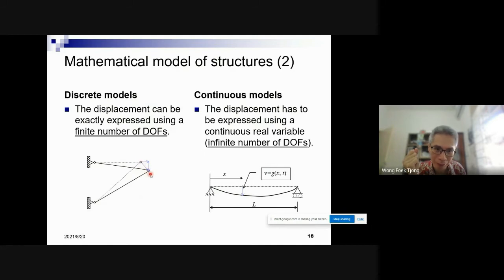So it's finite. This is infinite because each point we regard can move freely. Of course, we can also say this is finite also, if we only consider maybe the possible motion only like this pattern, that makes our model finite. So it's a matter of assumption.